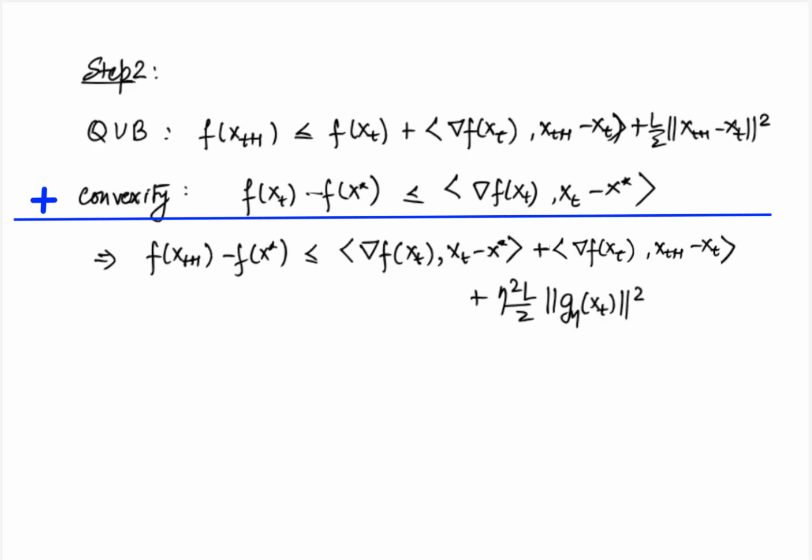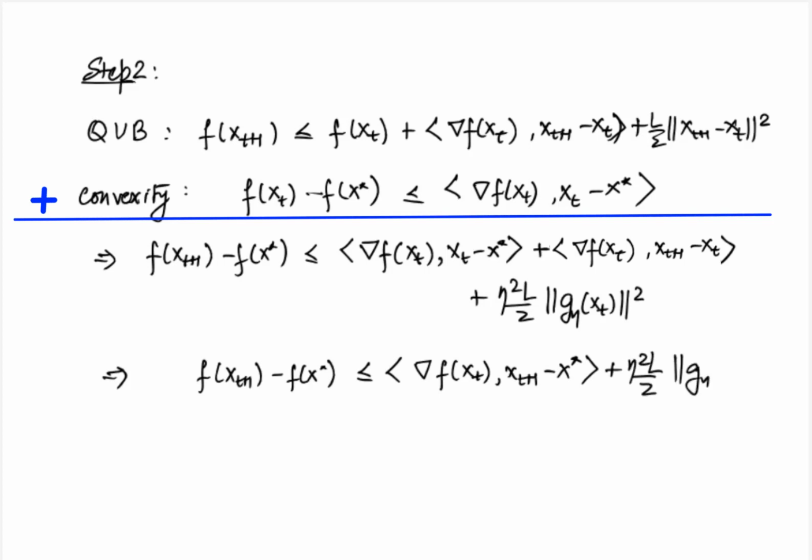Now we can cancel the terms within the inner products, and therefore the final bound becomes f of xt plus 1 minus f of x star is less than or equal to inner product of gradient f of xt with xt plus 1 minus x star plus eta square by 2 into L norm square of g eta of xt.